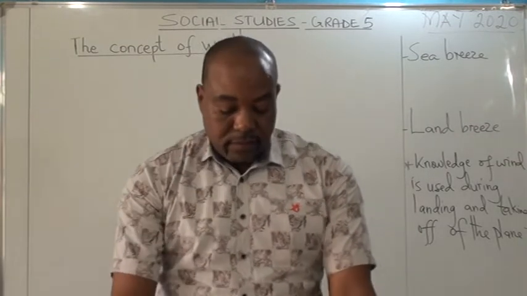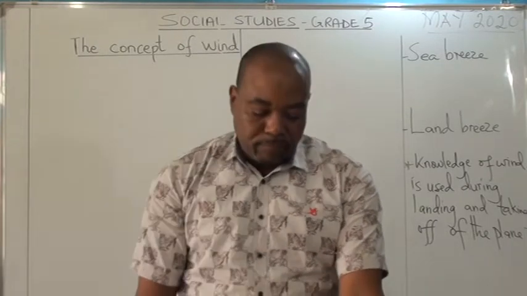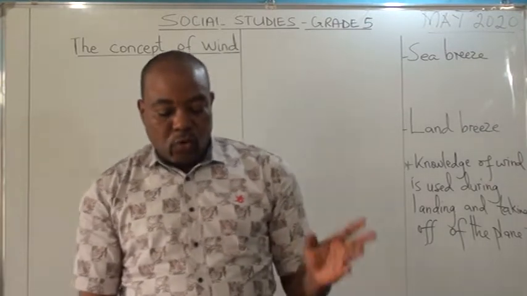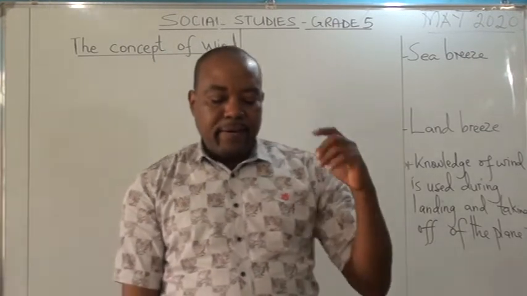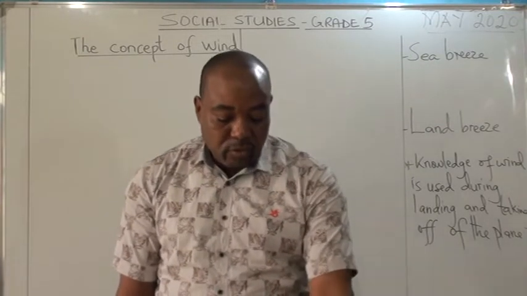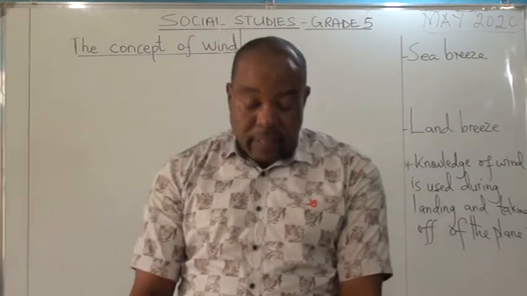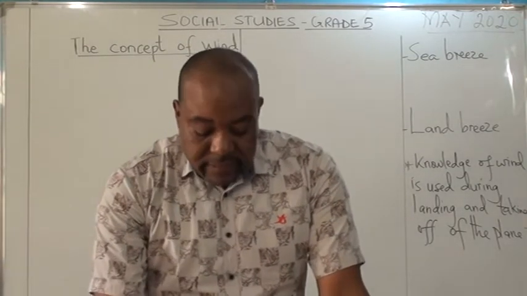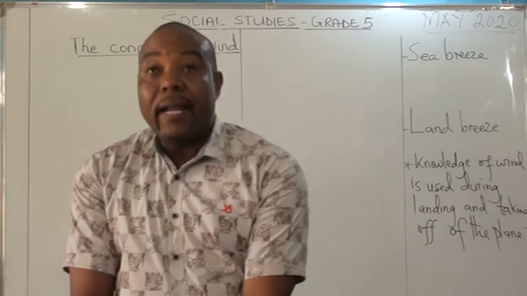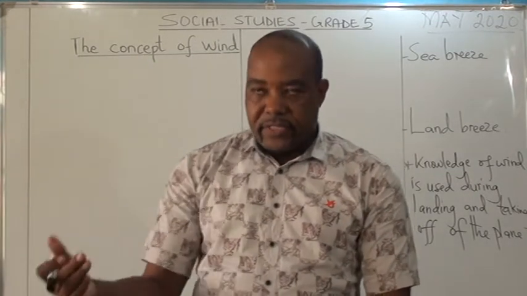Wind is named according to where it's blowing from. In the daytime, the land is always warmer than the sea. Therefore, this makes the pressure on the land lower than that of the sea. In that case, the wind blows from the sea to the land, and that process is known as sea breeze.